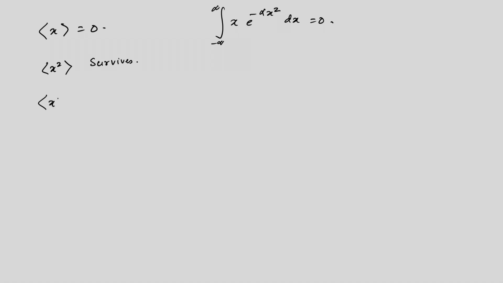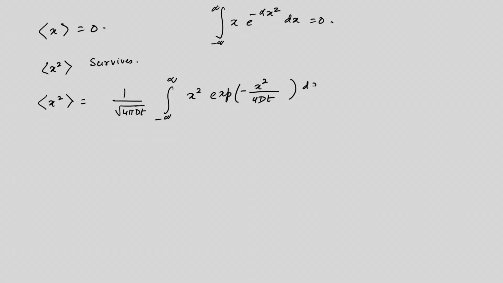and x square is given by 1 by root over 4 pi Dt, integral from minus infinity to plus infinity of x square exponential of minus x square divided by 4 Dt dx. And the integral is easy to do, it's a Gaussian integral. I am skipping the derivation of that, but it's fairly easy to see this. It's in fact the double derivative of this thing.